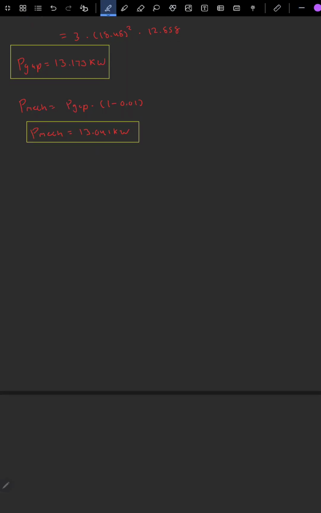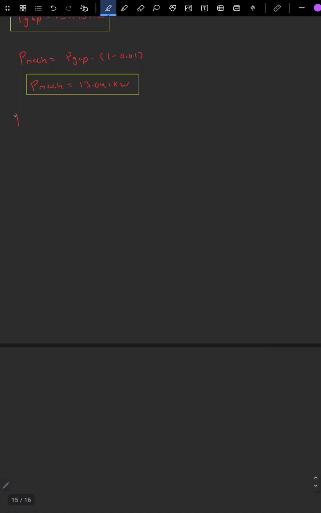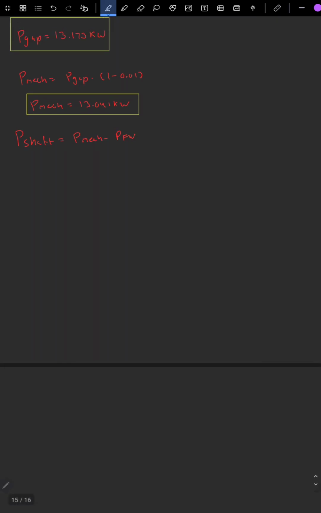Again, now we can find what it's asking, which is P shaft, which equals P mech minus the friction and windage loss, which is equal to 13.041 kilowatts minus 0.39 kilowatts.